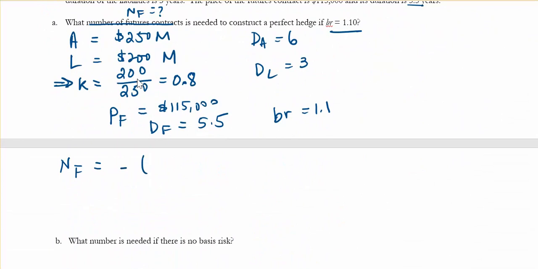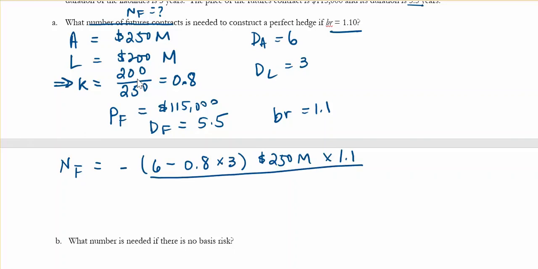So we have negative duration of the assets minus the leverage ratio times the duration of the liabilities, times the value of the assets, times basis risk. This means that the interest rate on the balance sheet tends to go up by 10% more than the change in the relative interest rate of the bonds underlying the futures contract.